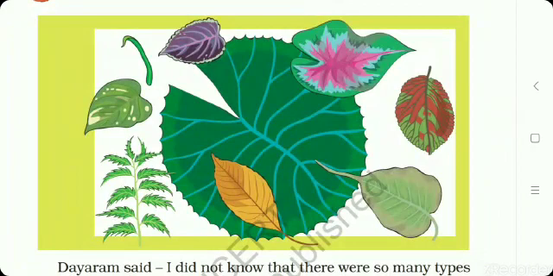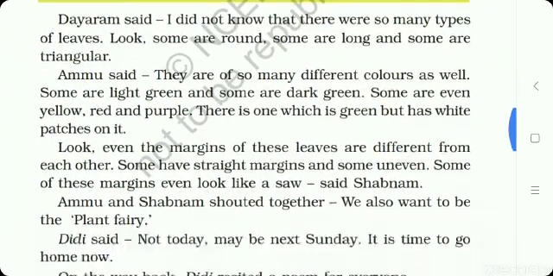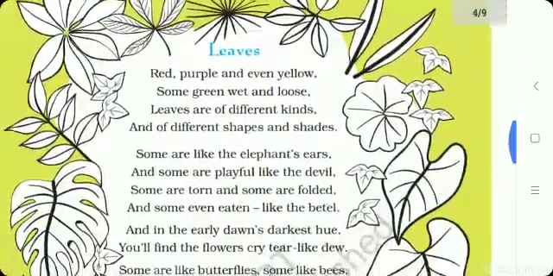End the chapter by saying Amu and Shabnam wanted to be the plant fairy, but Didi said that they would continue on the next Sunday. While going back home, she recited a poem. And now tell me the name of the poem. Yes, that is Leaves. That we will do in the next part.